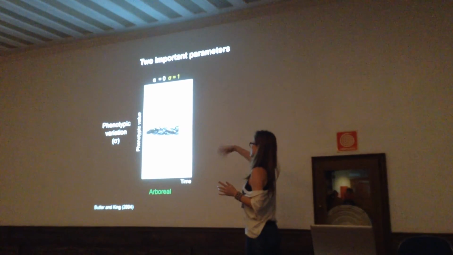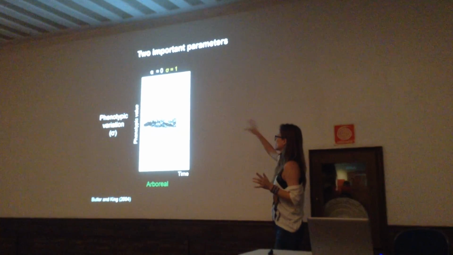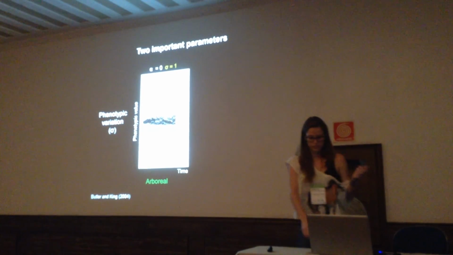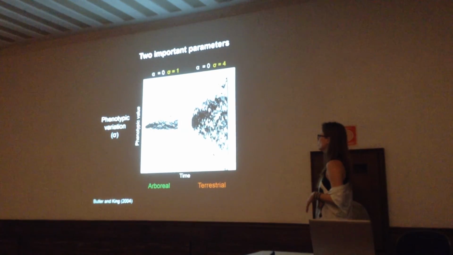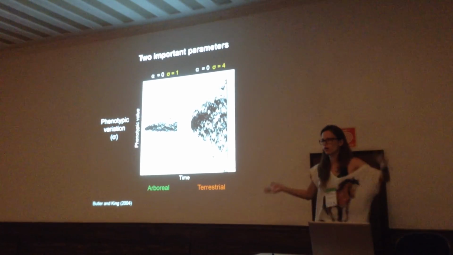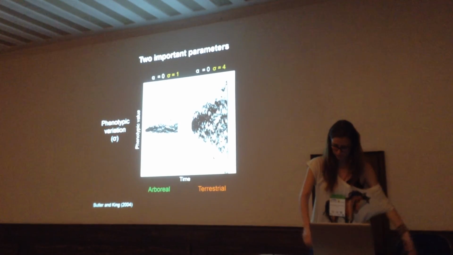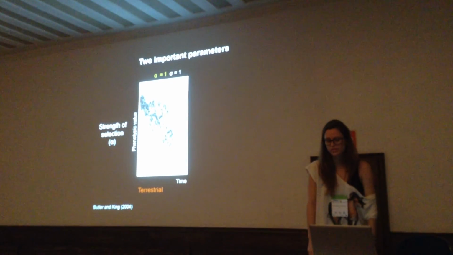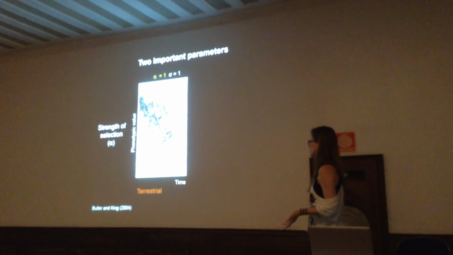So here is a simulation of a trait evolving with a given value of sigma, and if you increase the value, you have a higher variance of final phenotypic values. The other parameter is the strength of selection, or alpha.